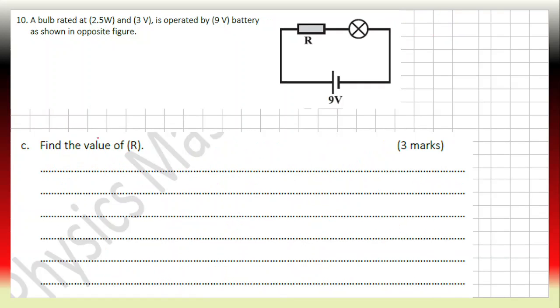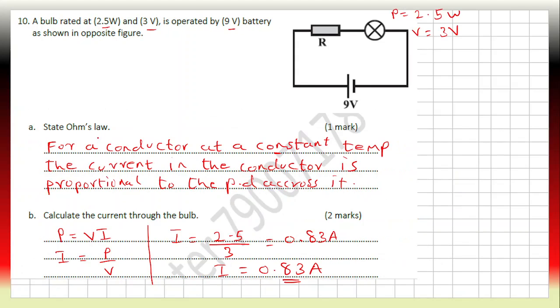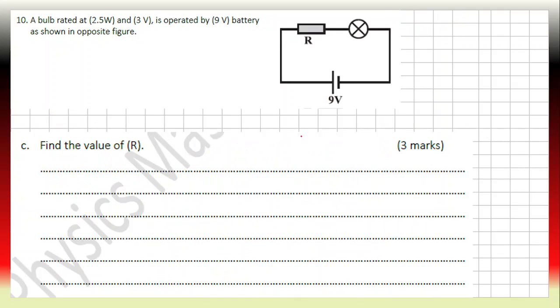So still part C of the same number 10, find the value of R. Yes, we want the value of the resistor R. So how do we get the value of this resistor?